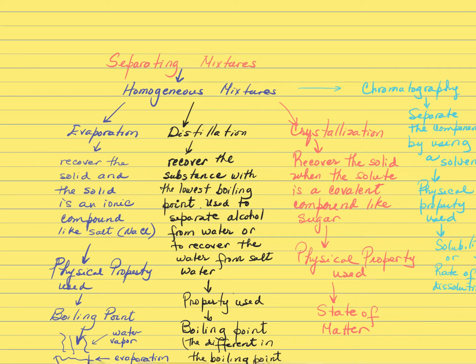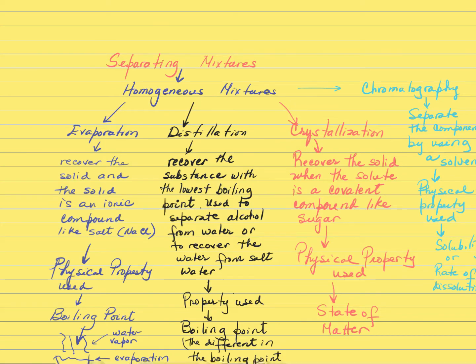Because when you are boiling the water, the heat that is absorbed by the mixture is not enough to break the ionic bonding, the forces keeping the sodium and chlorine together. That's why you're going to be able to recover the salt in a solid state. The physical property used in that technique is the boiling point.